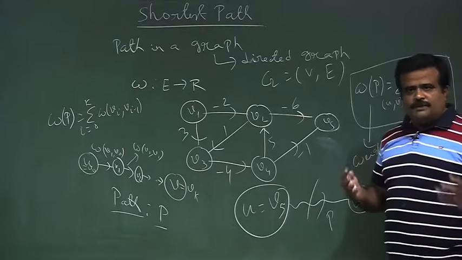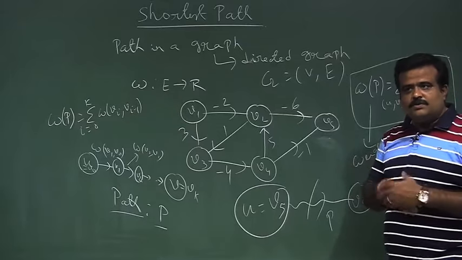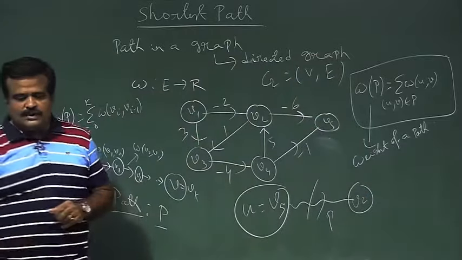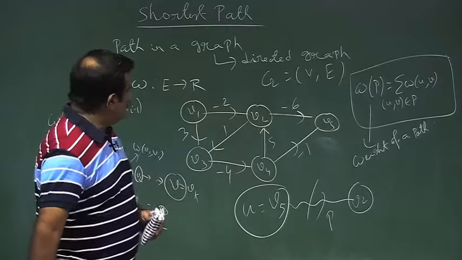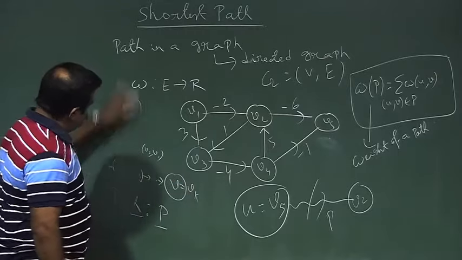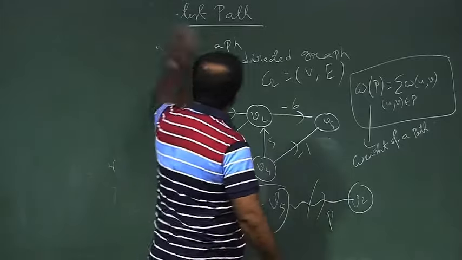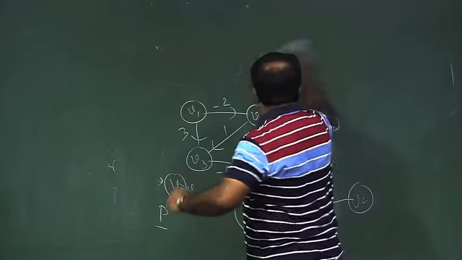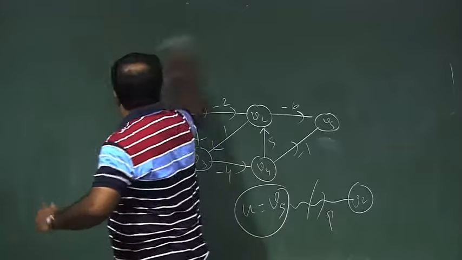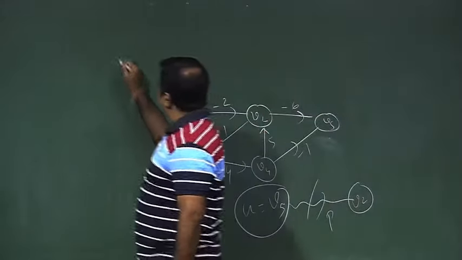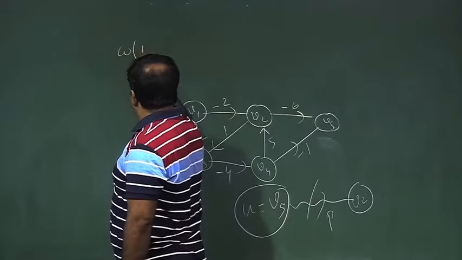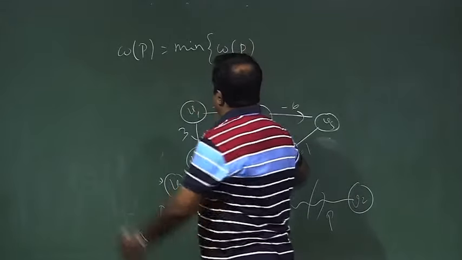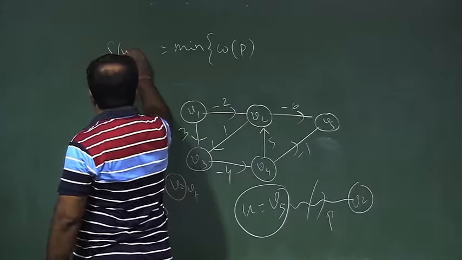There may be many paths from U to V. Among these paths, whichever has the minimum weight will be the shortest path from U to V. Several paths could exist from U to V, and the minimum of all WP is denoted by delta UV.